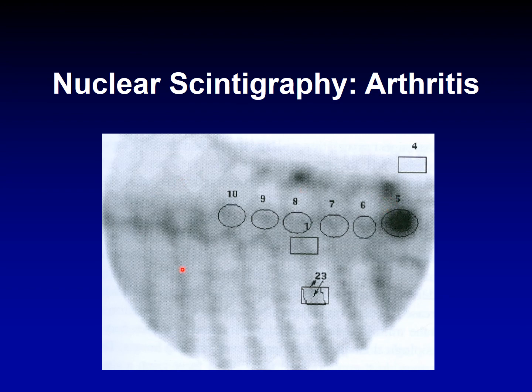And when we take an image, we can see that these increased uptake areas are the areas where you have the inflammation in the bones. This is the thoracic cavity. These are the ribs, and these are the thoracic vertebra. These are the lumbar vertebra right here.